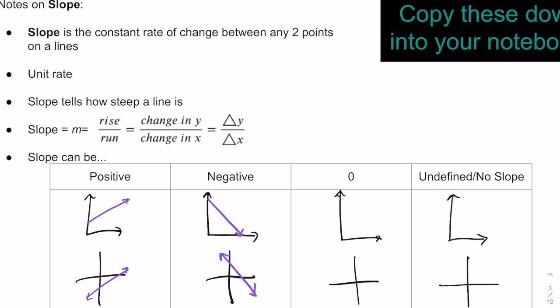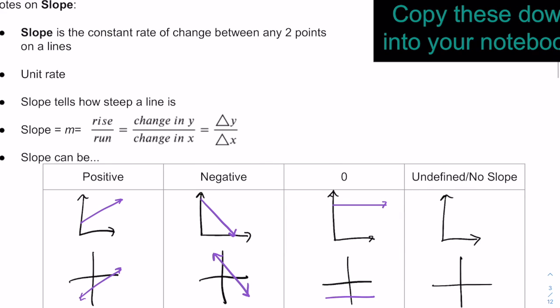Zero slope would be like the person in the walkathon that got $10 no matter what. So the amount of money they were getting wasn't changing. And so when we have zero slope, we're going to see a horizontal line like that. And then for undefined or no slope, we're going to explore this more later, we would end up seeing a vertical line.